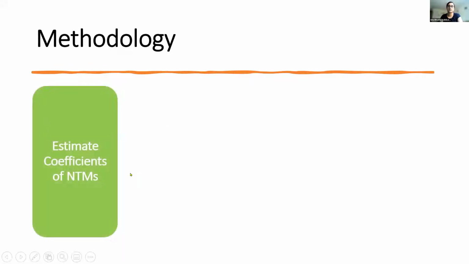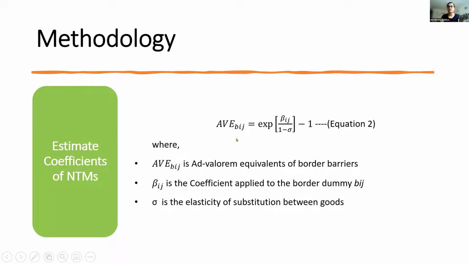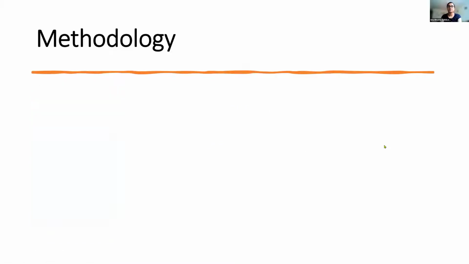So to estimate the coefficient of NTMs, I use this equation for AVE, and in here this one is the ad-valorem equivalent of border barriers. The BIJ is the coefficient of the border dummy, and this is the elasticity of substitution between goods. So this is the one I calculated using the gravity model framework. This alpha, the elasticity of substitution between goods, is what I get from the GTAP model, and this is how I calculated the ad-valorem equivalence of border barriers.